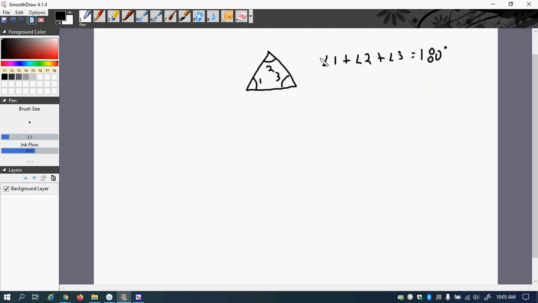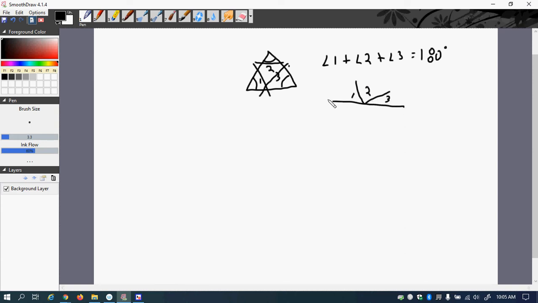And that's true. You can do this at home. You can draw a triangle on a piece of paper, and don't make it too big. Just make it a normal size, not too small either. And if you cut the angles off with the scissors and you line them up, you'll have angle 1 here, angle 2 here maybe, and 3 here.